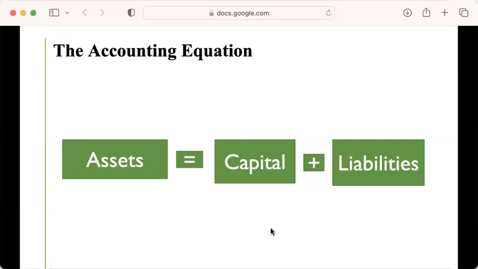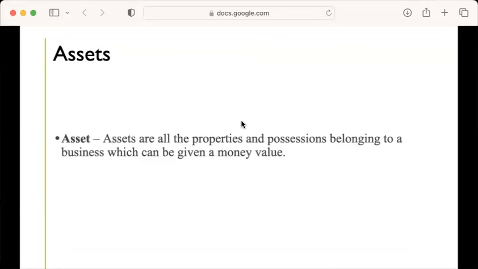In that case, if the assets are 100,000, then capital will be 80,000 and liabilities will be 20,000. So the accounting equation is always true. That means the value of assets always equals the amount of liabilities and capital.